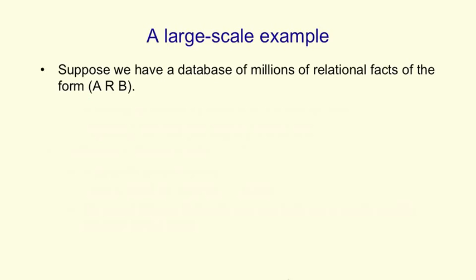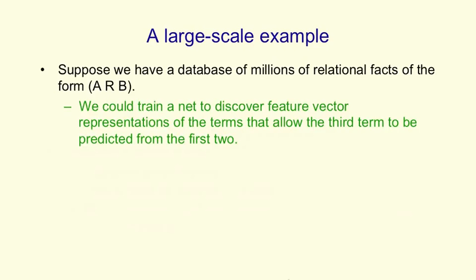Now we have much bigger computers and we have databases of millions of relational facts, many of which are of the form A, R, B. A has relationship R to B. We could imagine training a net to discover feature vector representations of A and R that allow it to predict the feature vector representation of B.